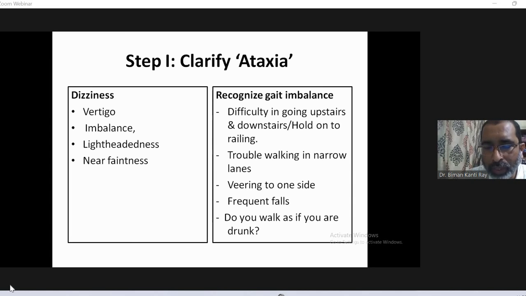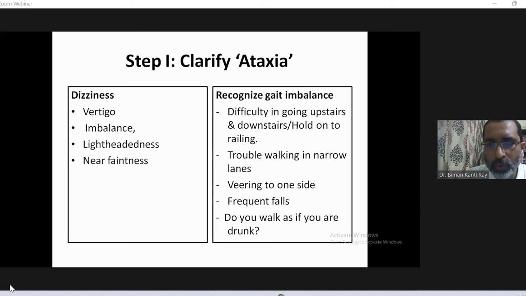They may use different words to express their difficulty. Sometimes they tell, doctor, I am having vertigo, I am having imbalance, I am having lightheadedness, and some people tell, I am having near faintness. So these are the different words they use while describing their difficulty.